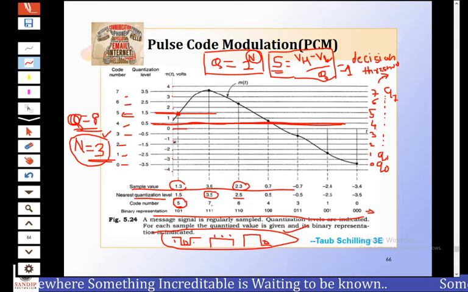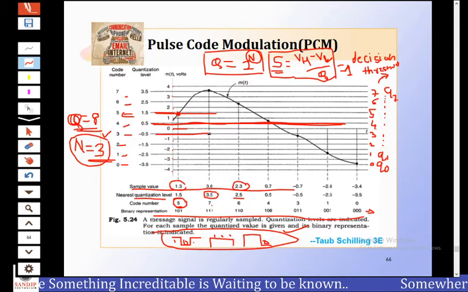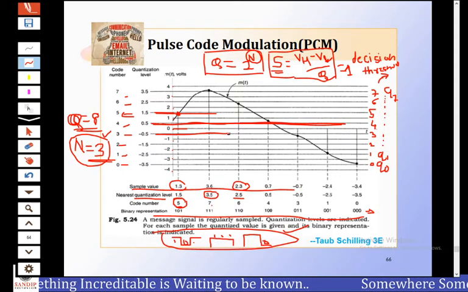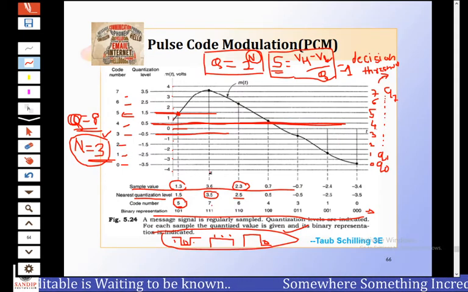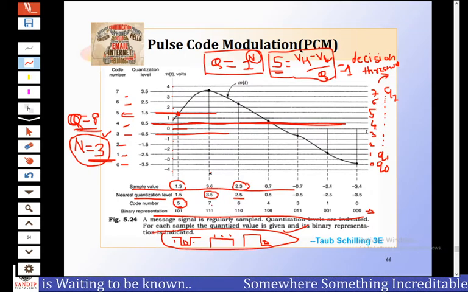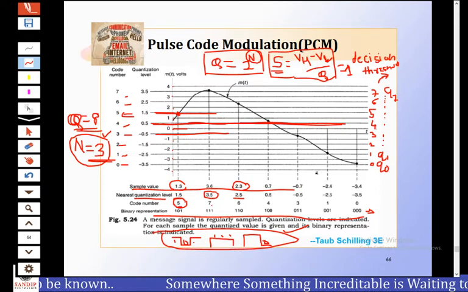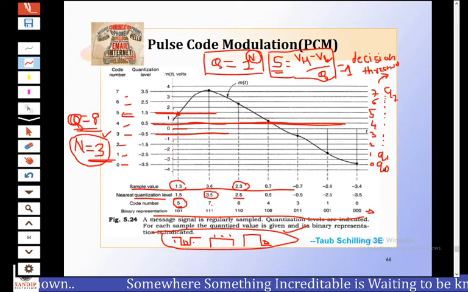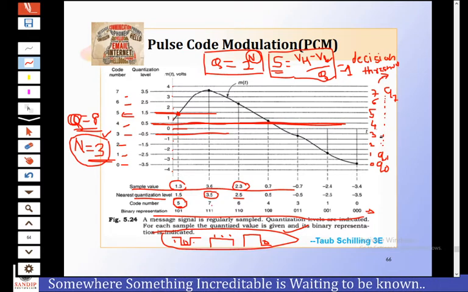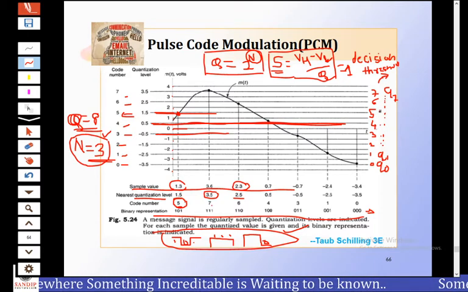On the downside, in between 0 and -1, this -0.5 is a decision threshold line. So we mark all decision threshold lines and assign a number to them according to the number of levels. So here, assigning the level numbers, from the downside it is q0, then q1, q2, q3, q4, q5, q6.